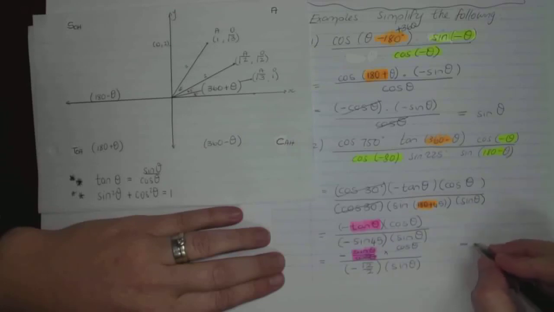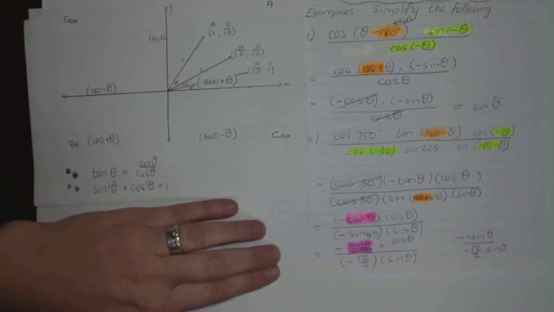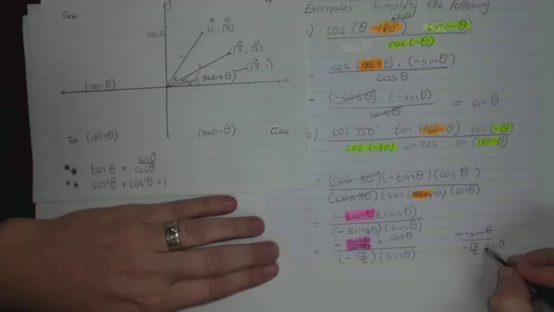So I'm left with minus sine theta over minus square root 2 over 2 sine theta. So the sine thetas will cancel each other out. The minus and the minus will cancel each other out.